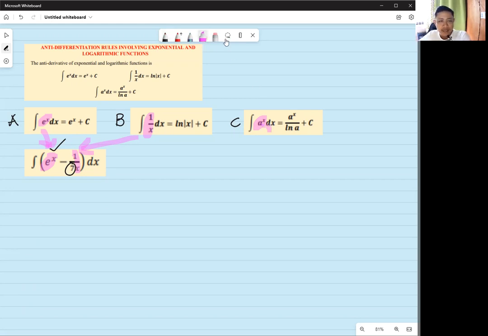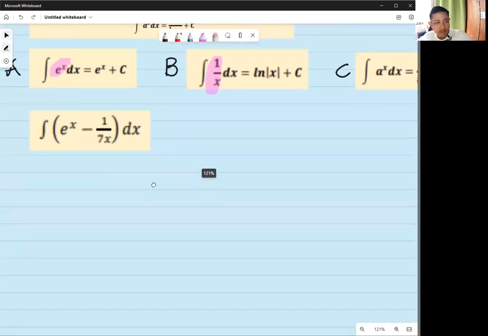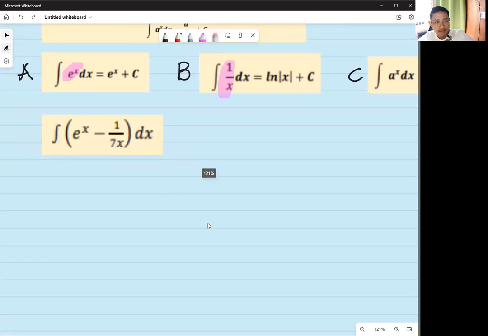Okay, so let's now do the process. It's now clear that we will be using A and B. Okay, zoom in. Let's just focus on A and B. Never mind letter C. So in A, we just have to follow the pattern.